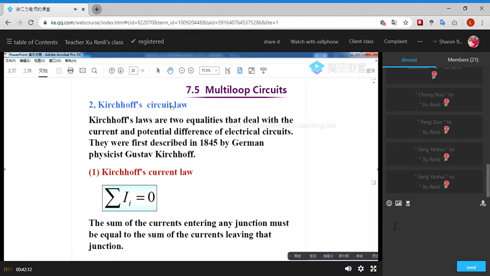First is Kirchhoff's current law. This formula means that the summation of the currents entering any junction must be equal to the sum of the currents leaving that junction.